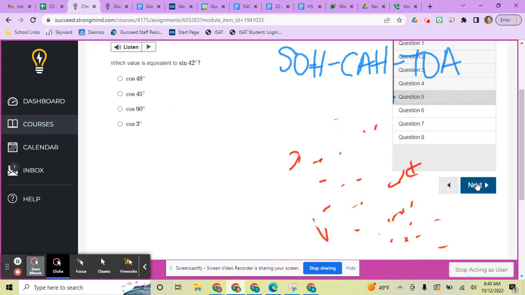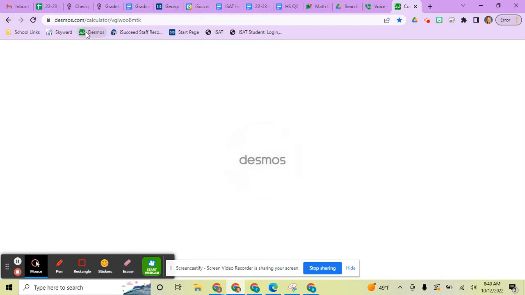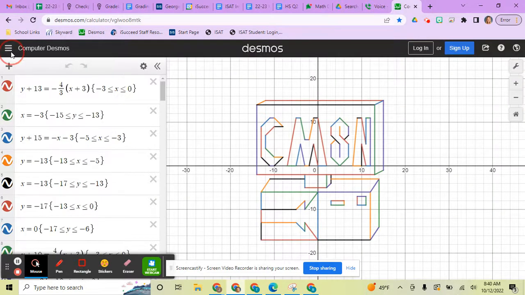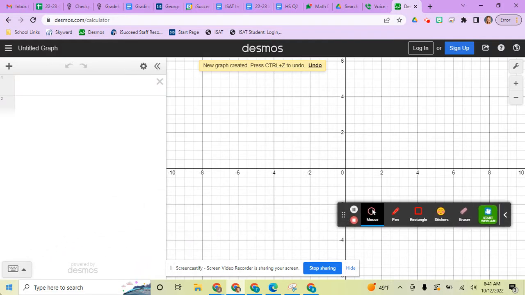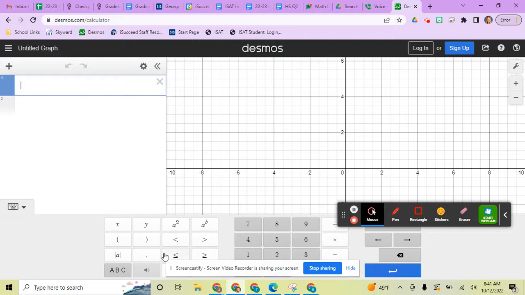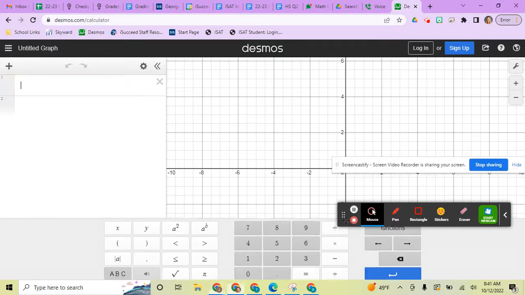Which value is equivalent to the sine of 42? Okay, so I'm going to figure out what the sine of 42 is. I'll use Desmos this time so I can show you in case you don't know how to use Desmos. Just desmos.com. Okay, so I'm going to have to move this around so I can get to the keyboard. I have too many things on my screen.